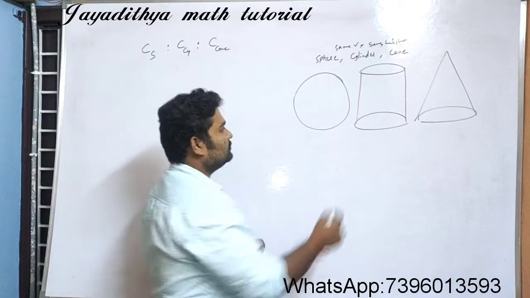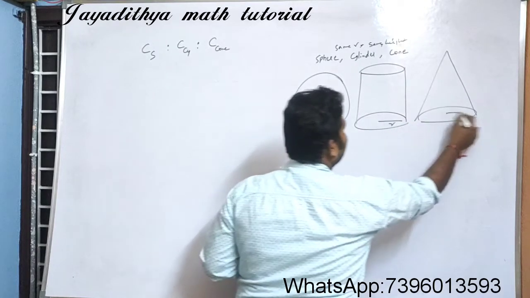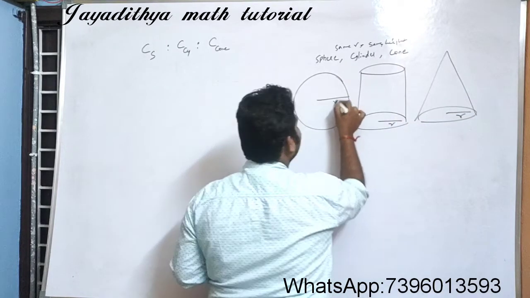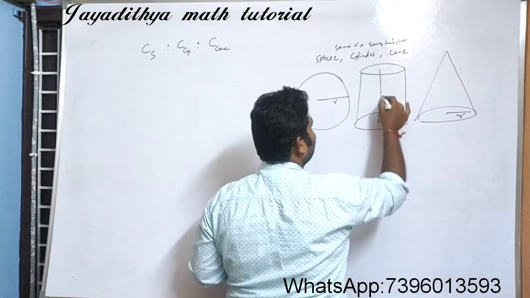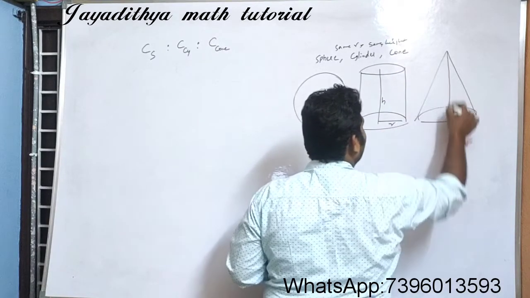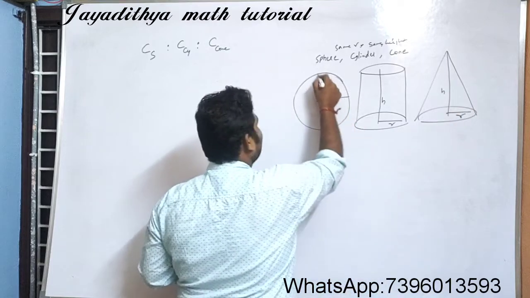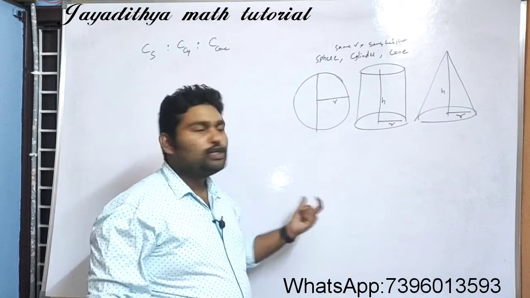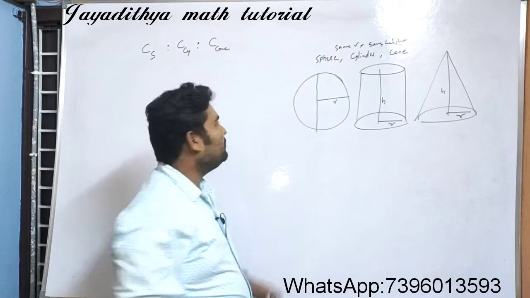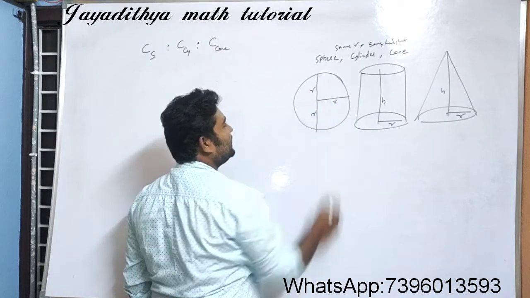If you observe, the radius are equal, and also heights are equal. Here also the height will be equal, and here also the height will be equal. But in the sphere, I told you the height of the sphere will be radius plus radius.